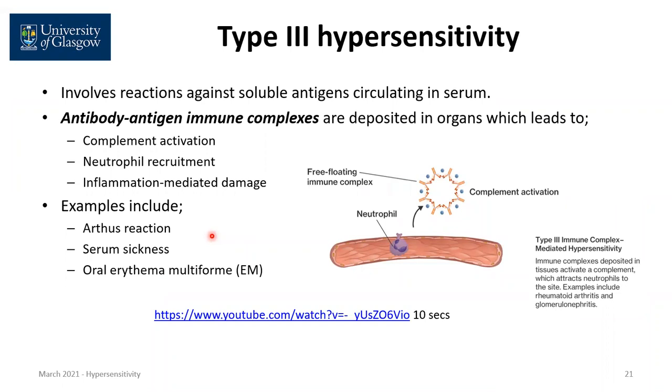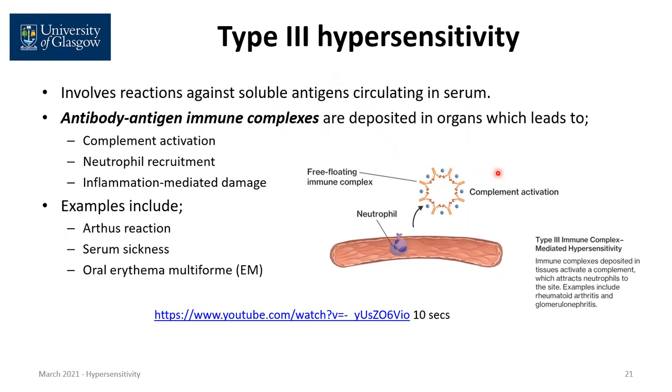Type 3 hypersensitivity reactions, as I've said, involve the formation of antibody-antigen immune complexes that can be either found systemically or deposited within tissues or organs. These are antibodies forming complexes against soluble antigens that are found within circulation.